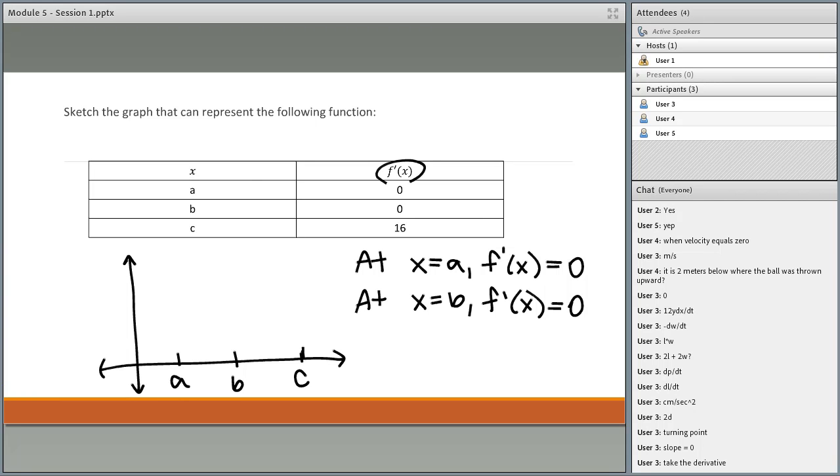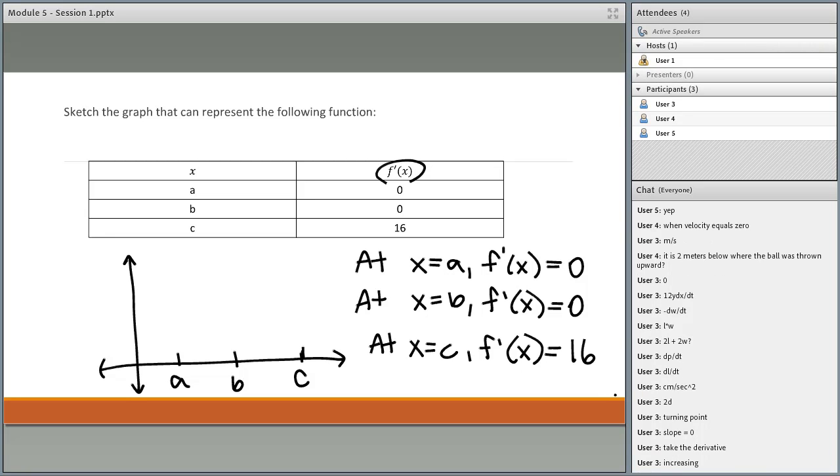This is where we go to part C, or x equals c. We're told that the derivative is 16. Going back, what does a positive first derivative represent? What does that mean in terms of the graph? Great, it means the graph is increasing.